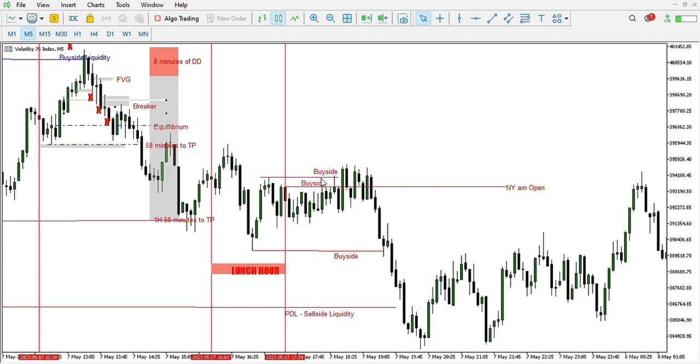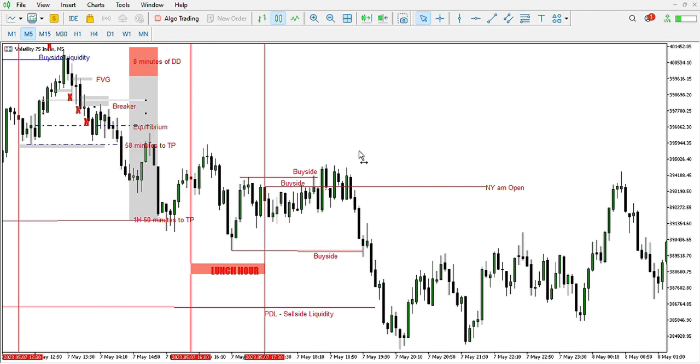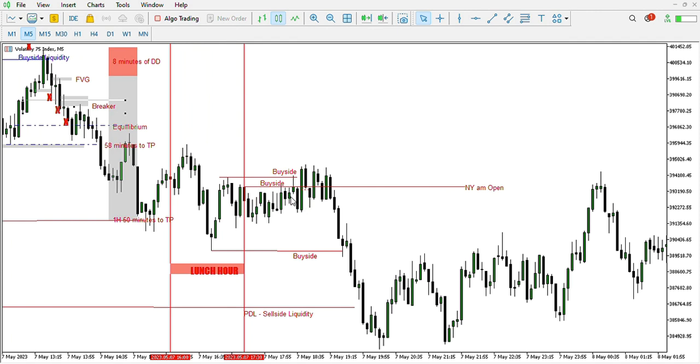So above this New York AM open, we have buy side, and also above we have relative equal highs. Do you see that?